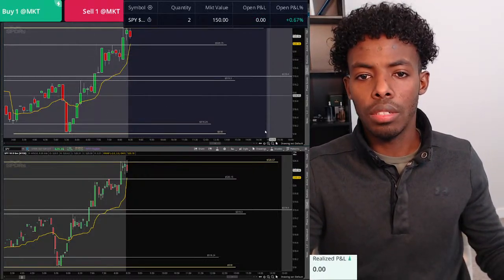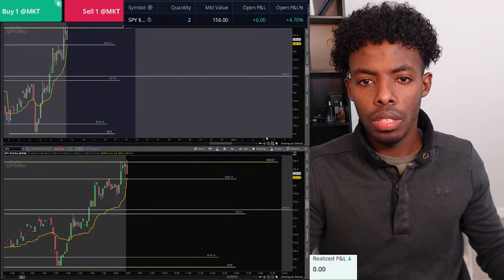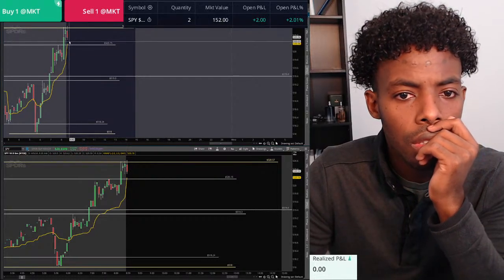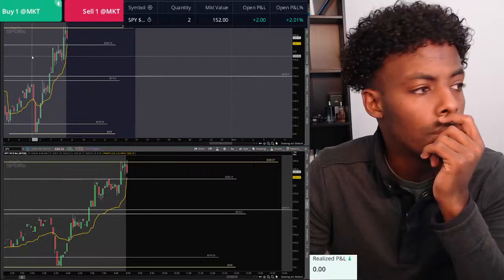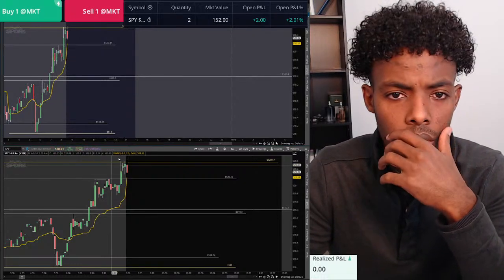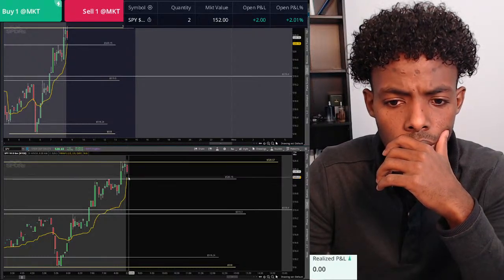Can you guys see the screen well? Okay, we're getting that VWAP retest right now, that push down. Here we go. This VWAP retest right here.